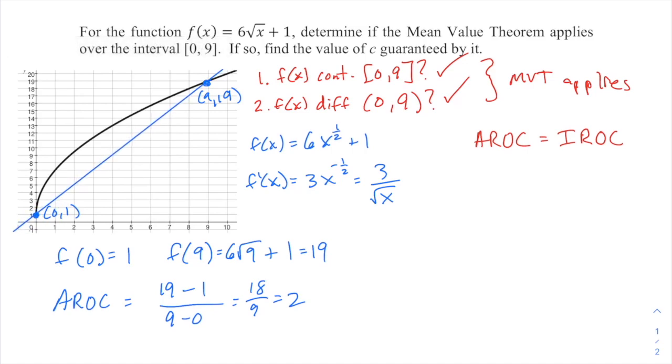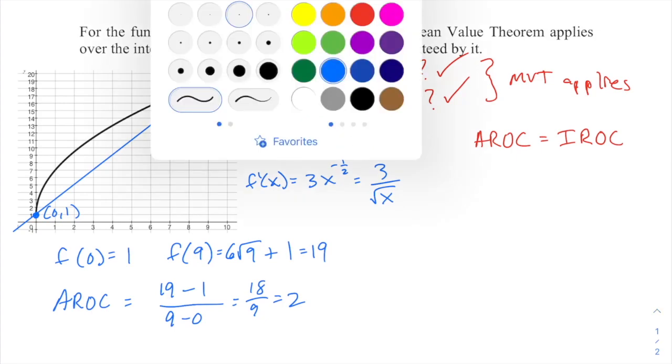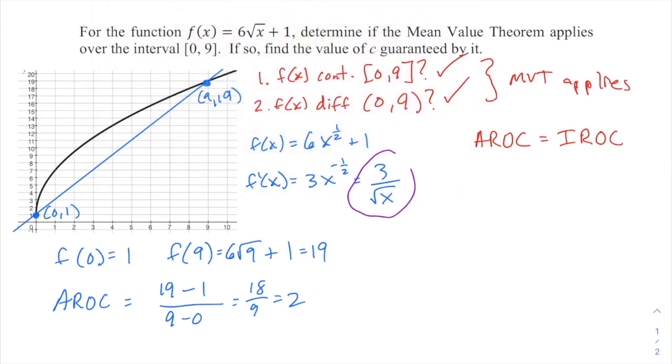Okay, so now there must be a spot in this interval where the slope of the tangent is exactly equal to 2. So we find the derivative, which we've already done. It's 3 over root x, and we set it equal to this average rate of change. We find out when do we have a slope of 2.